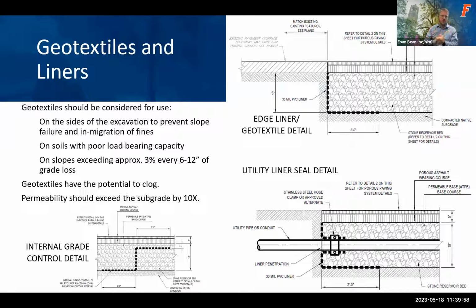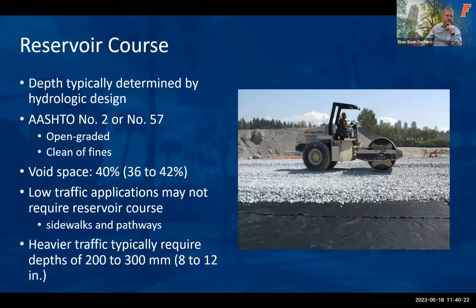We also have some situations where if we have poor load bearing capacity, we may want to prevent any water from going into them. So we use an impermeable liner, and basically insulate the sides and prevent migration of particles across that barrier, so that we don't fill in the reservoir course below.